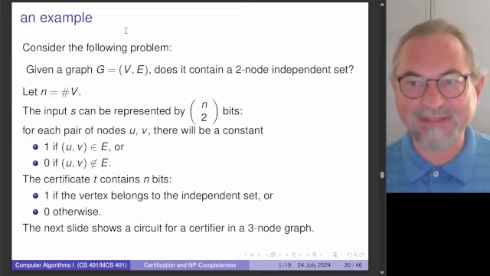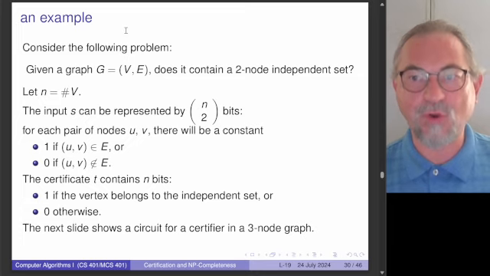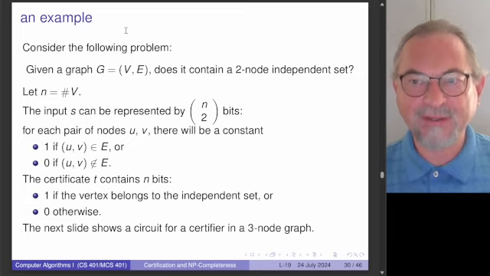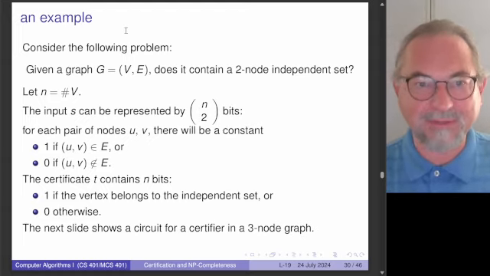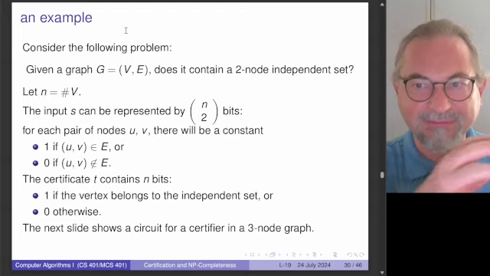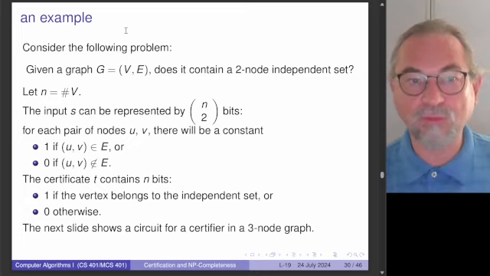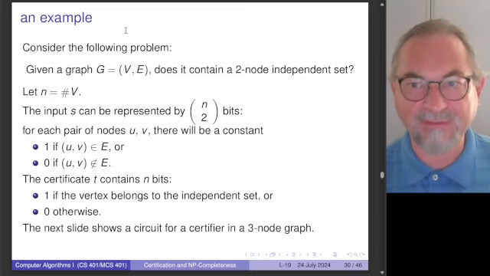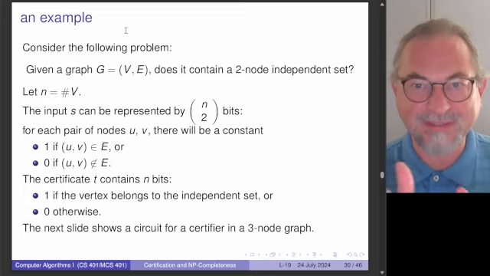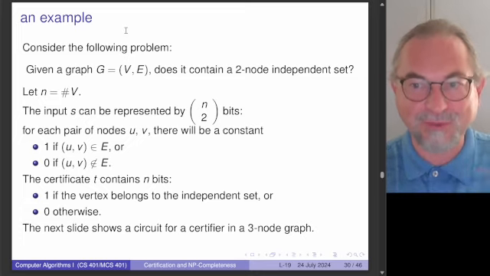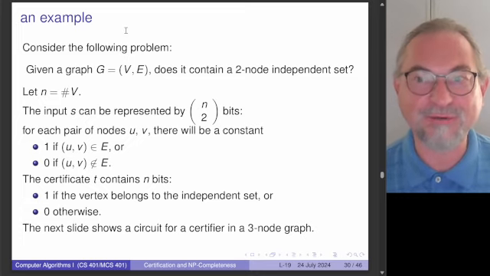What that means is: is there a set of two vertices for which there is no edge in between? It's a very simple problem, but we will translate this problem into a circuit. The problem is chosen to be simple so that we should be able to draw the circuit.